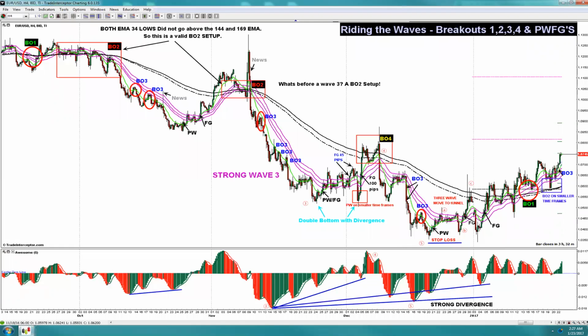So it can be after a wave 1, a wave 3, a wave 5, a wave A if it's a 5-wave sequence, and a wave C if it's a 5-wave sequence. Absolutely.